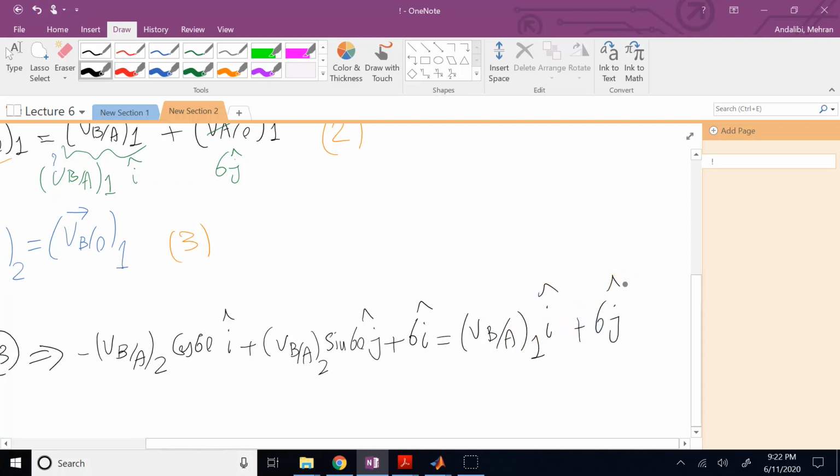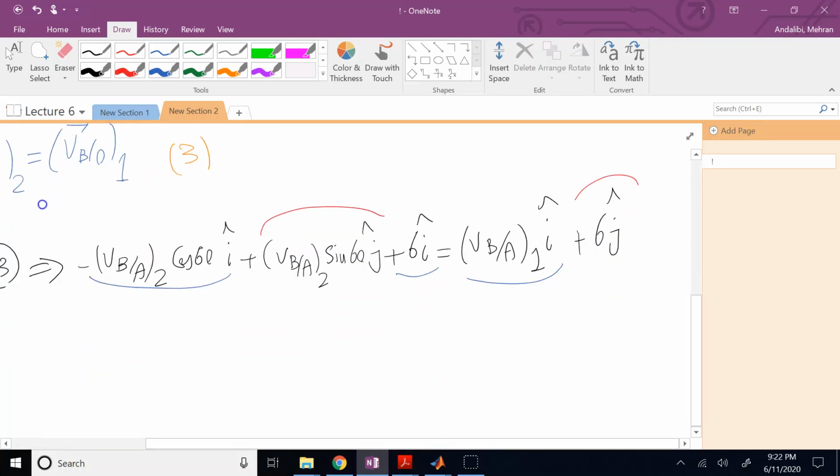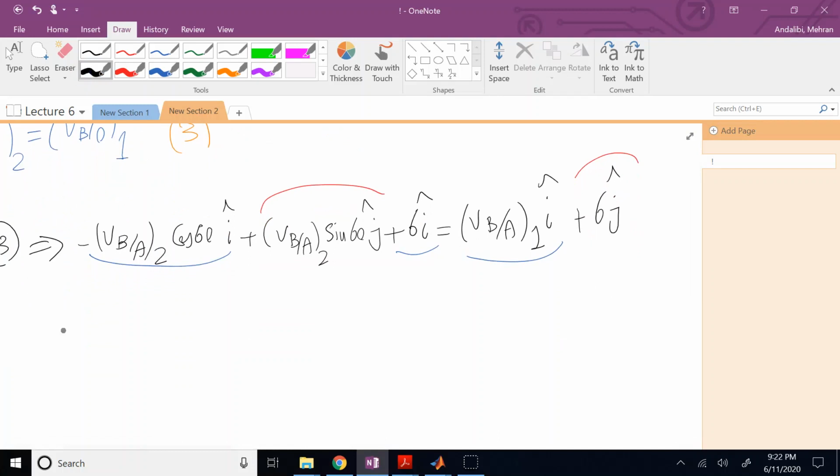So the right-hand sides are equal, and I get this equality. And when 2 vectors are equal, what does it mean? Their i components should be equal on both sides, and their j components should be equal on both sides. So from one vector equality, I get 2 scalar equations.